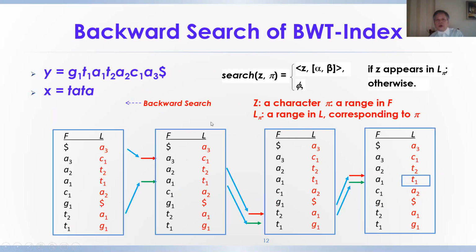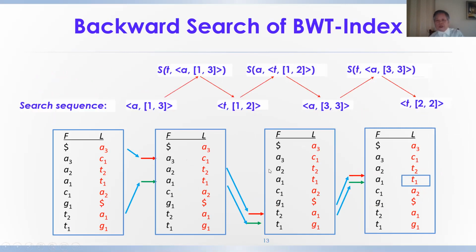As an example, for this target string, we'll generate a BWT array as shown here, together with the so-called auxiliary array referred to as the F array. The string matching can be done very fast.